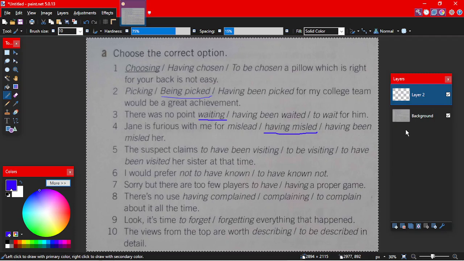If it said Jane is furious with me for misleading her, that would be a valid option. That would be a correct sentence. But mislead without ing doesn't work here, I'm afraid. Do you have any other guess? Mislead her. Having misled her. Yeah. Misled her. Oh, yeah, that's okay.